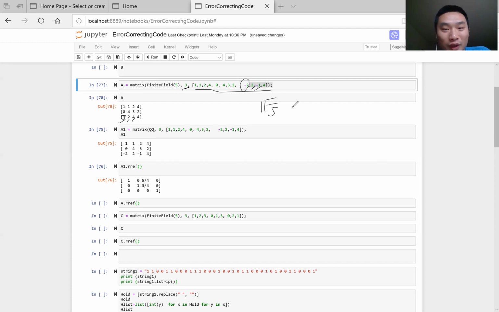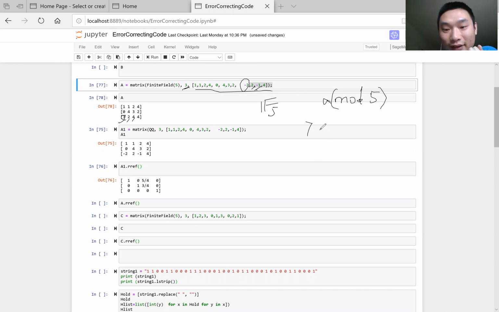So here we are doing base 5, meaning that every number A, I want it to be represented by A mod 5. Okay, what does A mod 5 mean? It means, for example, I have 7.